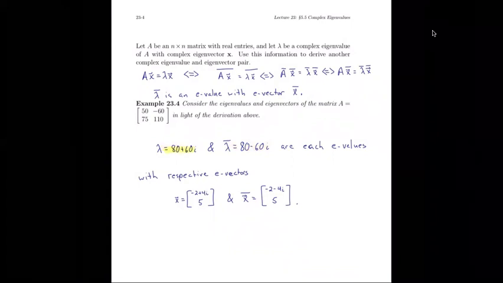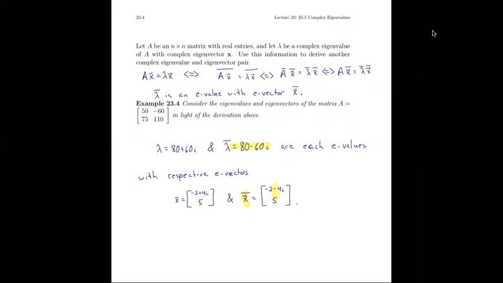But once we found the eigenvector for this eigenvalue, and this was in fact how I set up the work for the notes, I didn't actually calculate the other eigenvalue's eigenvector, though one could do so by hand. I just used the fact that the complex conjugate of this vector is the eigenvector for this eigenvalue.